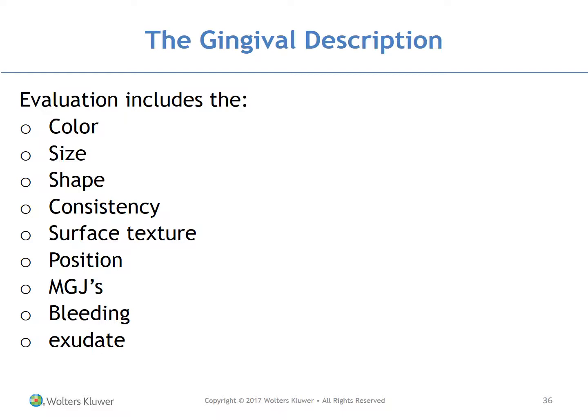Okay, so we always say when you're describing gingiva, you want to have the 3 C's, which is color, contour, and consistency. Okay, but the evaluation does include the color, the size, the shape, the consistency, the surface texture, position, the MGJs, and bleeding and exudate.